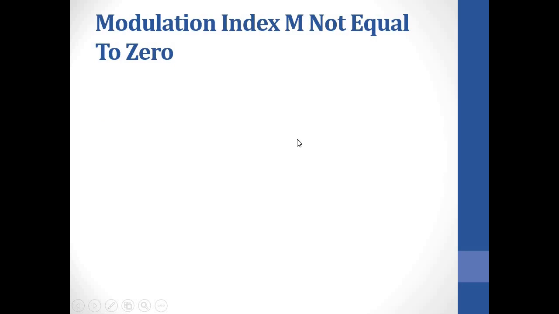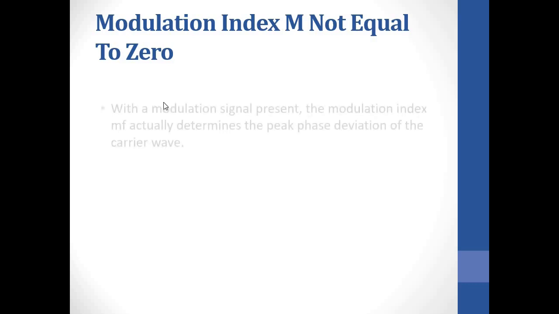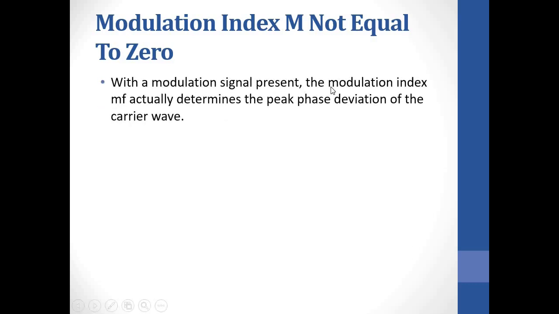When M is not equal to 0, it means that there is deviation, and when there is deviation, we actually have a modulating signal present. With a modulating signal present, the modulation index actually changes.